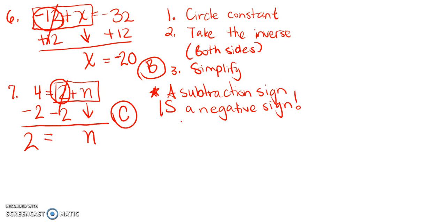I don't want you to look at addition and subtraction as totally different entities. If something is being subtracted, then that number is negative. So if a number has a subtraction sign, it is a negative number. And of course, the little hashtag means number. And number 7 is C.